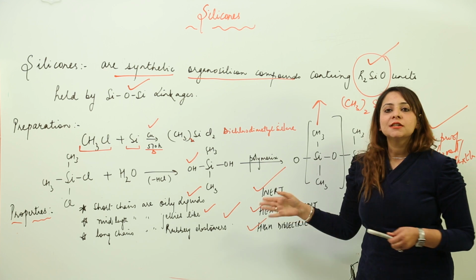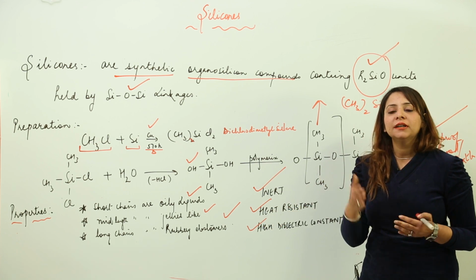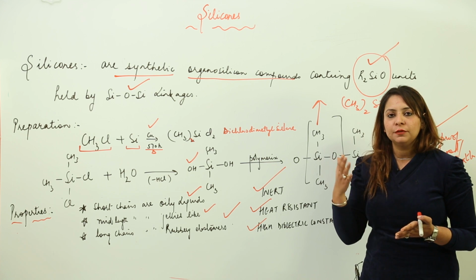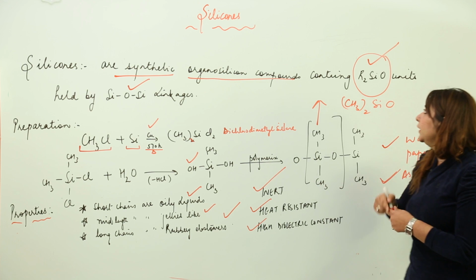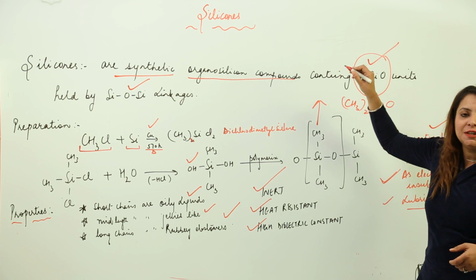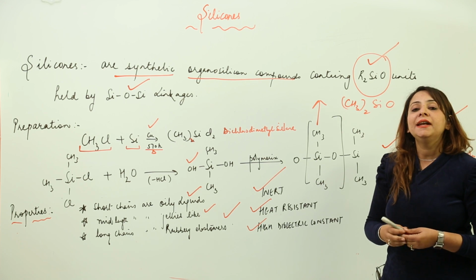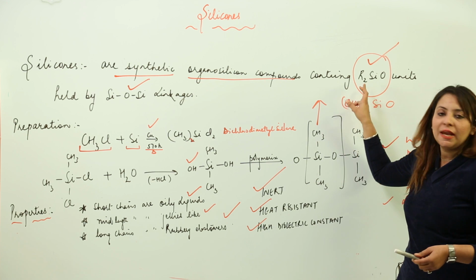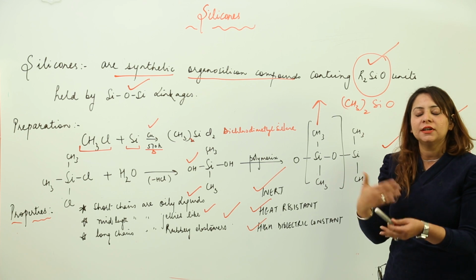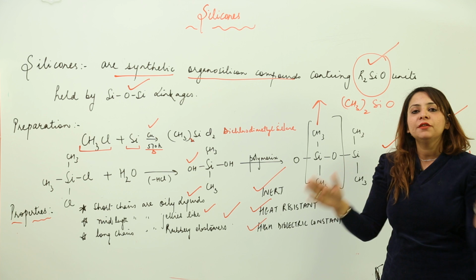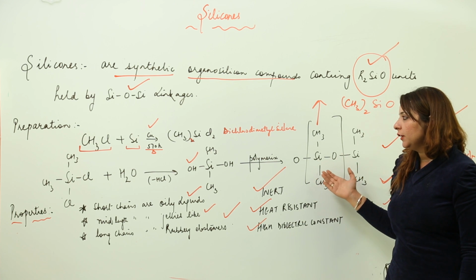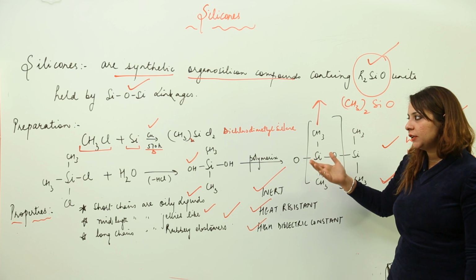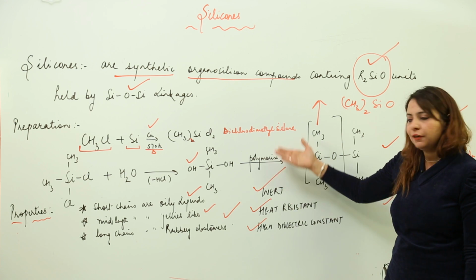So this is all about the silicones. You need to be familiar with the fact that they are synthetic organosilicon compounds which contain a repeated unit, that means they give rise to a polymer, and definitely the monomer is R2SiO which keeps on connecting with other monomers of the same kind and gives rise to a giant molecule, that is the polymer. And moreover you should be familiar with one preparation, as I gave you an example.